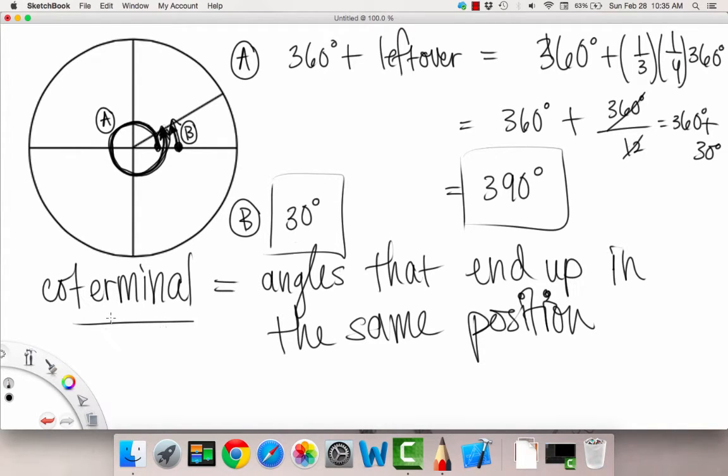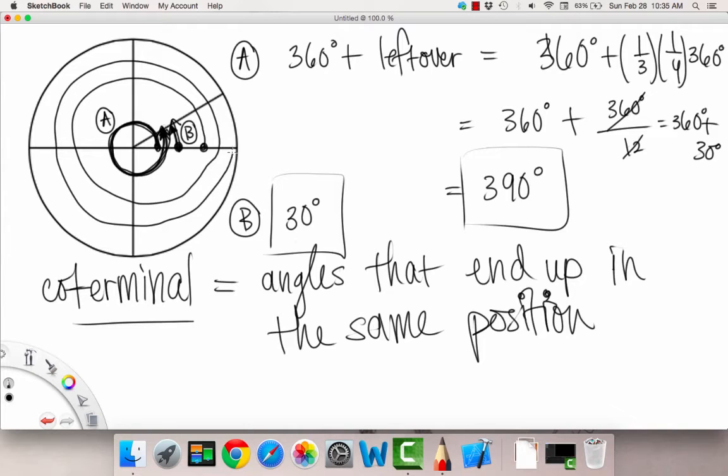The important thing here is coterminal. What's emphasized is the ending, where the angles end up pointing. So it doesn't really matter where they begin. We could have gone 2 times around. Let's say we started here, and then we go 1 time around, so that's 360. Then we go another time around, so that's 360 plus 360 is 720, plus that little bit, and we end up in the same place.